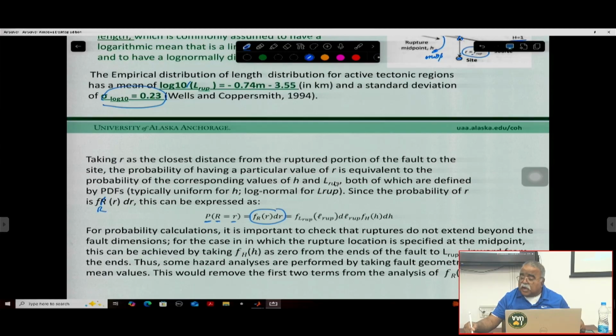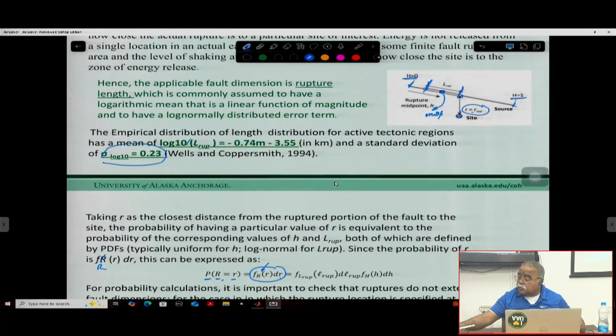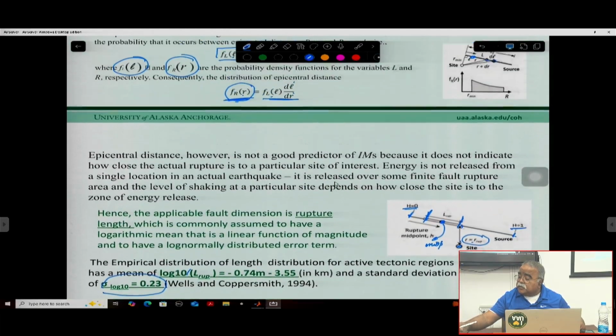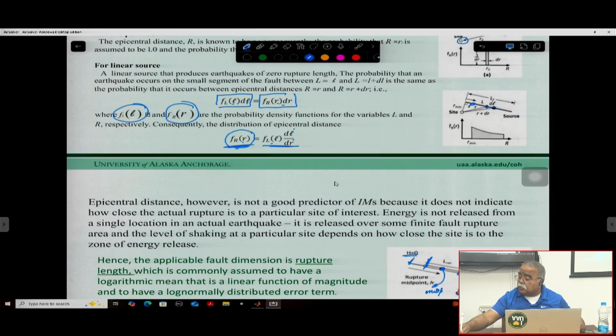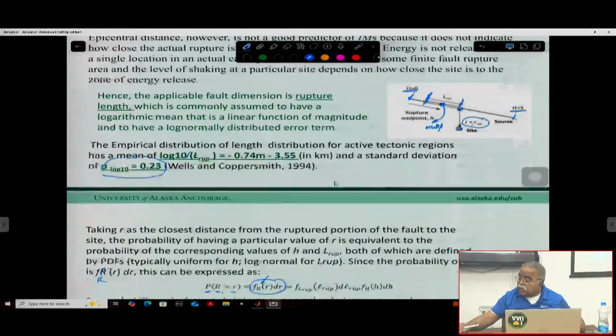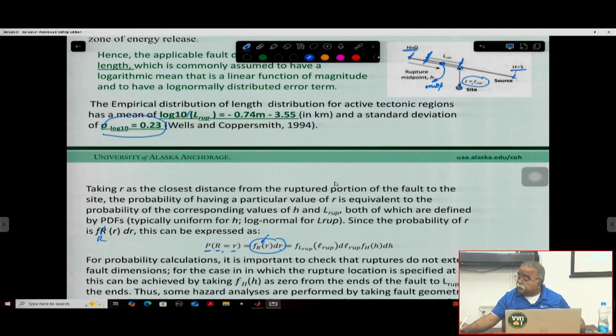So probability R equals r is the probability density, the PDF, multiplied by dr. So that's your R equals r value, and that means the same as FL(l) by L of R rupture, because this relation will show you that, because FR(r)dr equals FL(l)dl. So that's your FL(l)dl part.